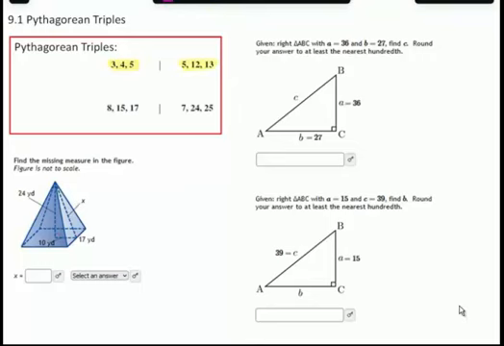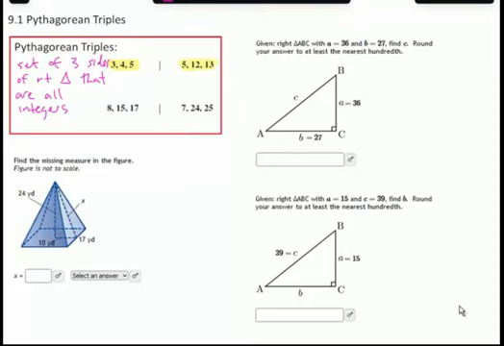What a Pythagorean triple is, is the set of three sides of a right triangle that are all integers. Oftentimes, or most of the time, you're going to get a radical as one of your sides, either one of the legs or the hypotenuse. But sometimes all three sides are integers.